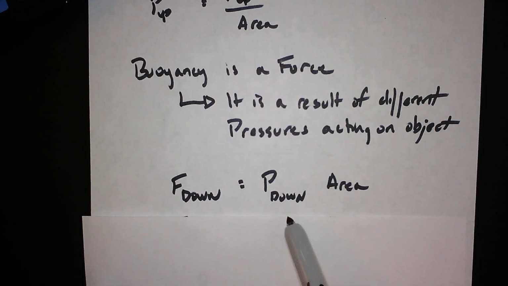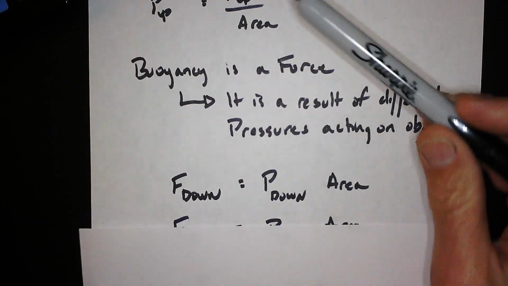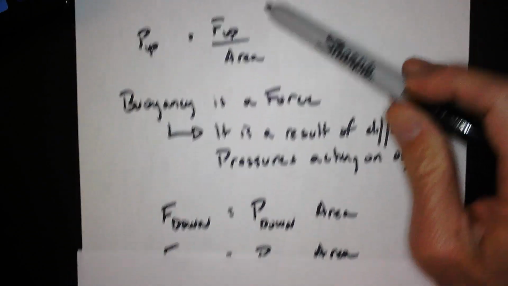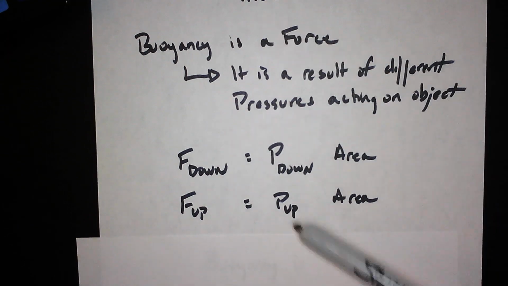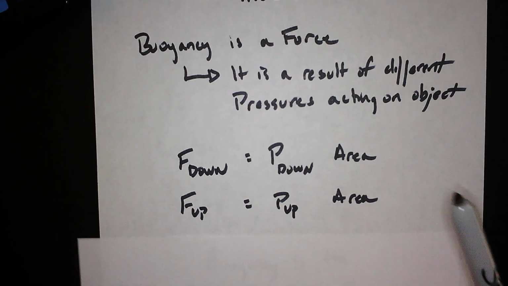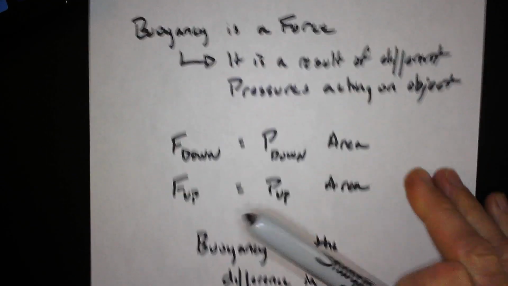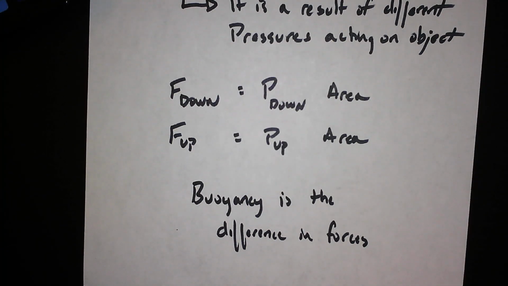F down is equal to pressure down times area, so I'm just rearranging these equations up here, solving for F, and F up is pressure up times area up. So buoyancy is the net of these forces, or the difference between those forces.